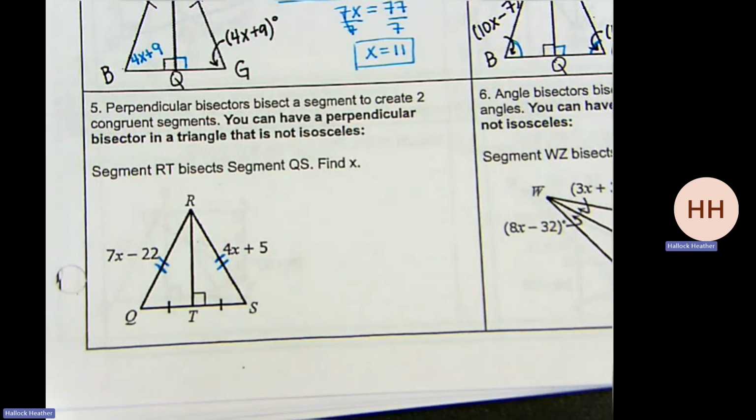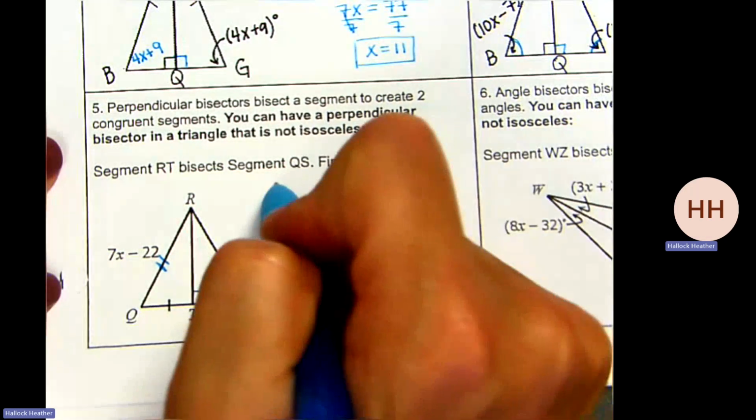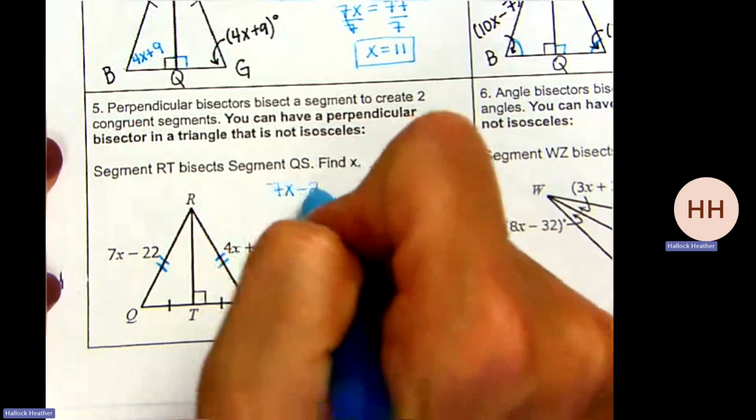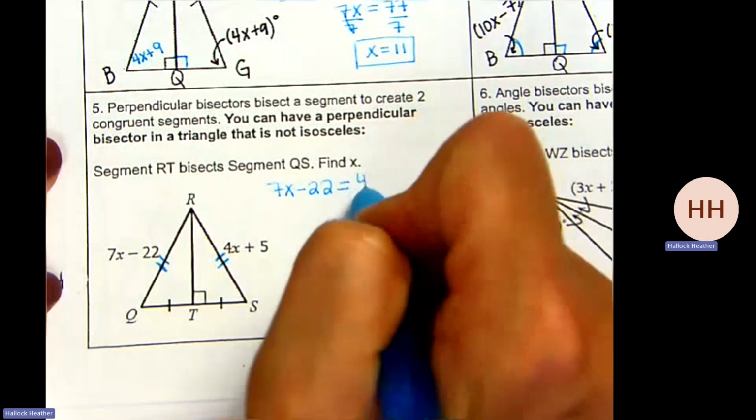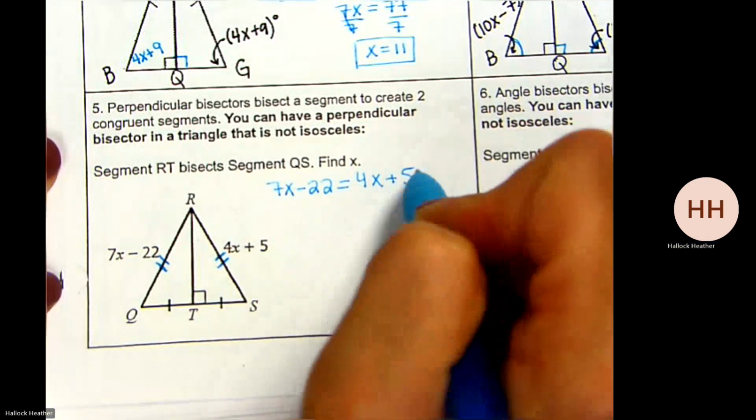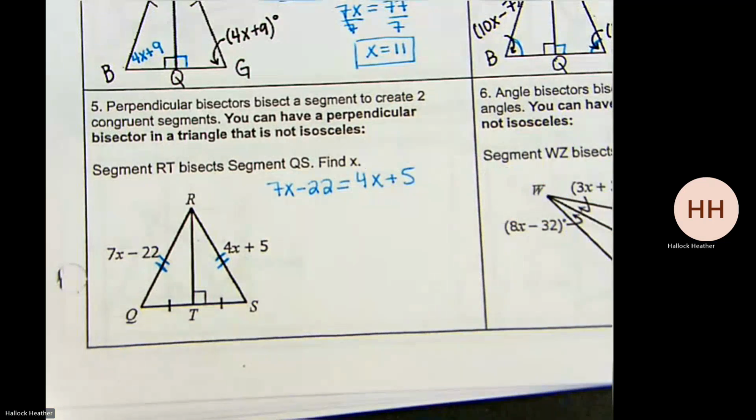So not always are you going to be given what you need to know. You just need to know, okay, I can add this here. So those two sides are congruent. So I'm going to equal them to one another. So same way I set them up before, 7x minus 22 equals 4x plus 5. Add 22 to both sides.